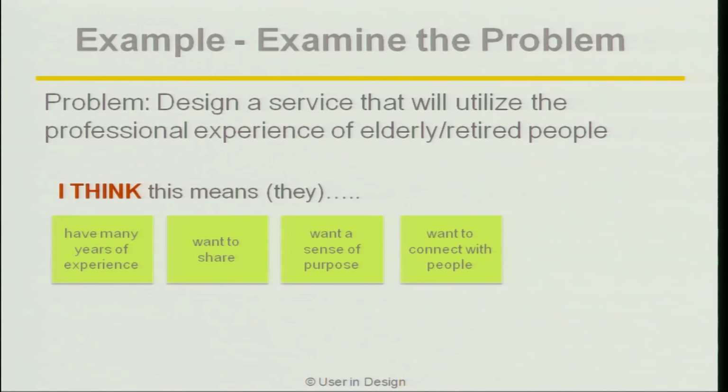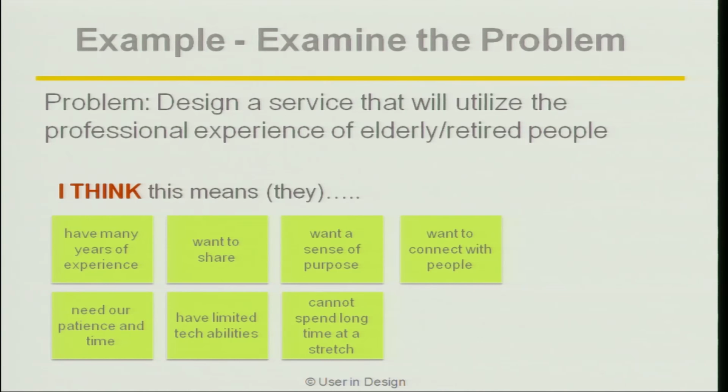So looking at this problem and thinking further about it, we come up with a bunch of considerations related to the problem. Further, we think that perhaps they need our patience and time. They need a lot of time. Perhaps they also have limited technology abilities. That is something that we need to keep in mind.